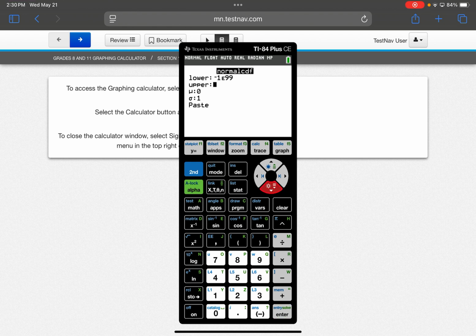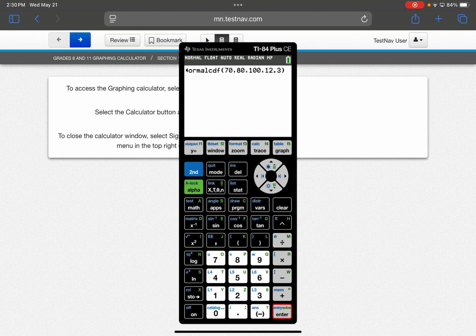On the first problem we want 70 to 80. So I'm going to go 70 to 80 with their mean of 100 and a standard deviation of 12.3.